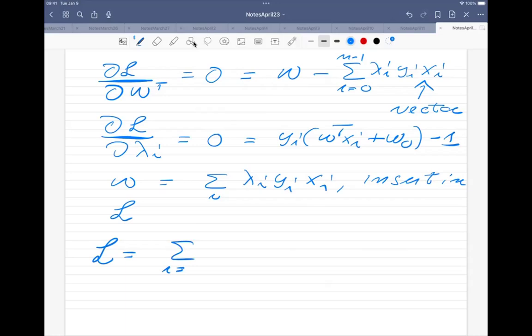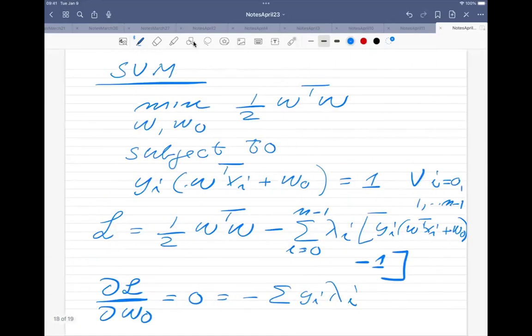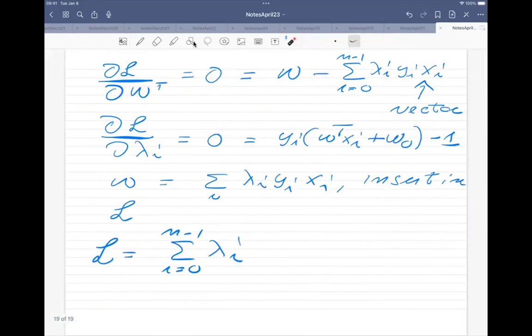There's a sum from i equals 0 to n minus 1 of lambda of i. This is the term which, when we go back a little bit and look at the terms here, comes from lambda of i multiplied with minus 1 and plus 1. So that term is something which we can isolate, and that gives us this term.